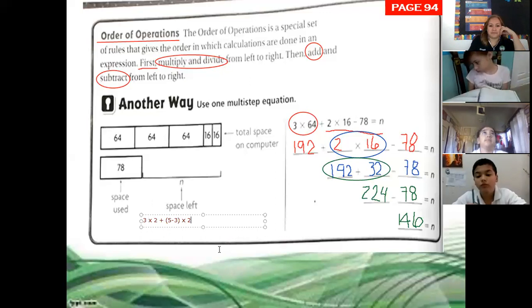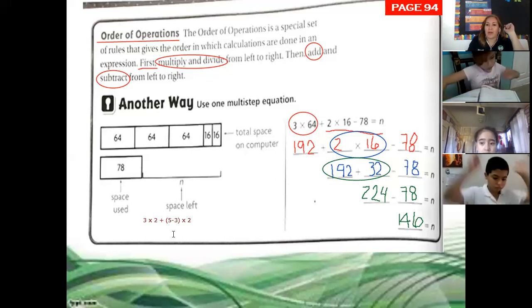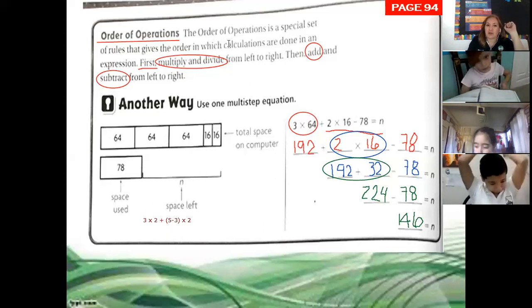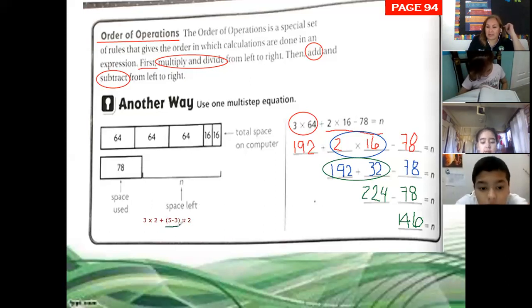Okay, like that. See, I have a parenthesis. So, according to the rule of order of operations, parenthesis needs to be solved first. So, en este caso, lo primero que se resuelve es el paréntesis. 5 minus 3, 2. Y copio lo demás.